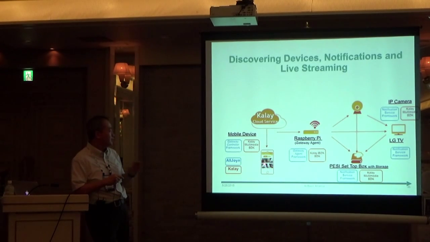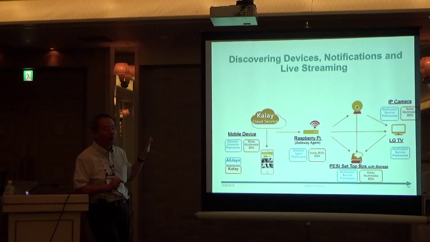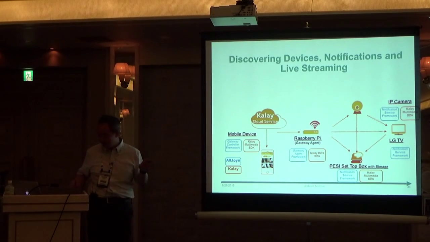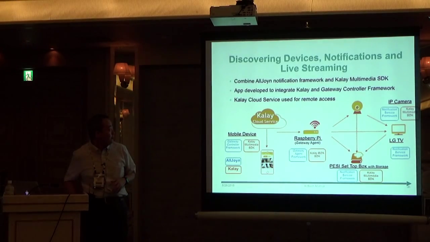So it's just a simple concept and working implementation of the integration between the AllJoyn framework and the Kalay platform. Next, I'm going to talk, without too much technical detail, about how we do this, to show how minimal the effort is with the AllJoyn feature to get it to work with your framework.